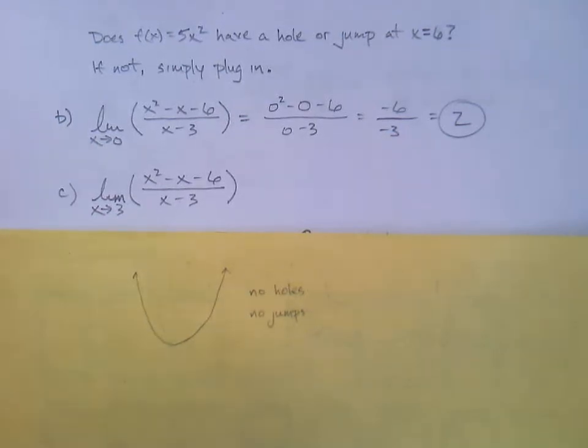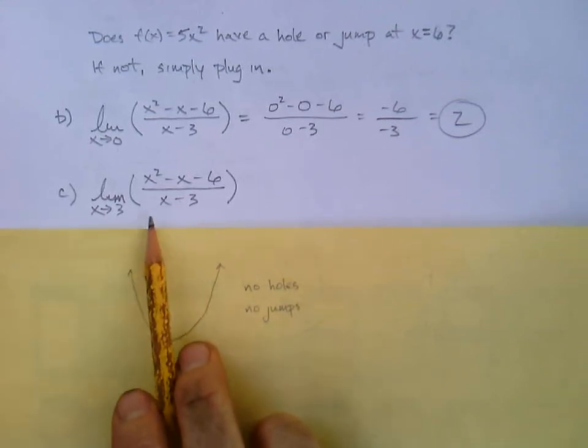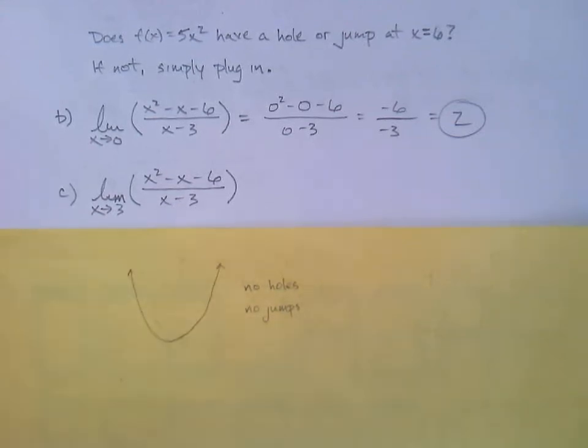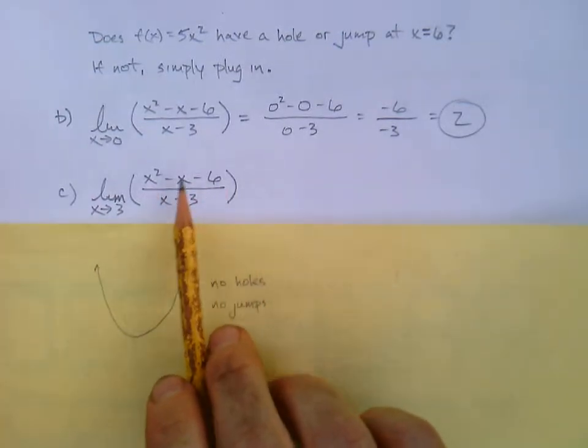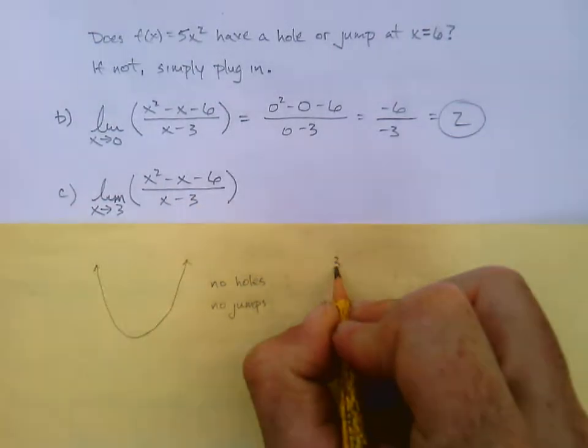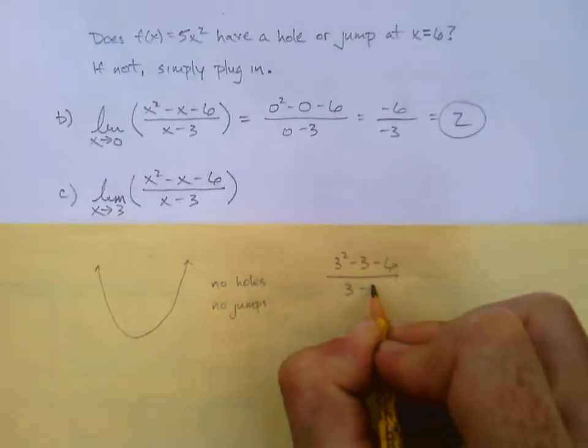Clearly we're not just going to be able to plug this in, because if we plug in 3, we're dividing by 0. Actually, there's more to the story. I'm going to write it down here. Go ahead and plug 3 in for all of the x's. 3 squared minus 3 minus 6 over 3 minus 3.